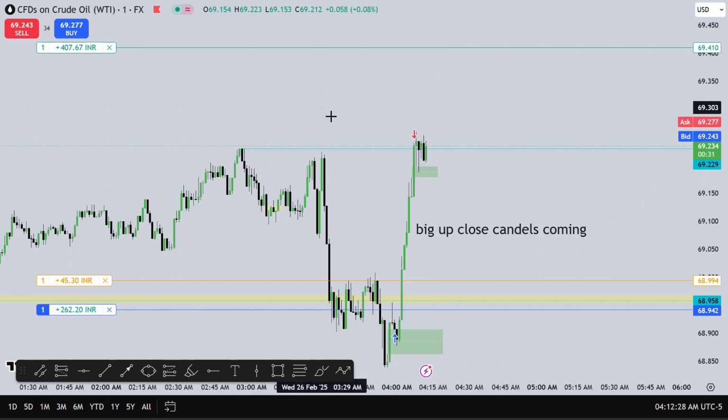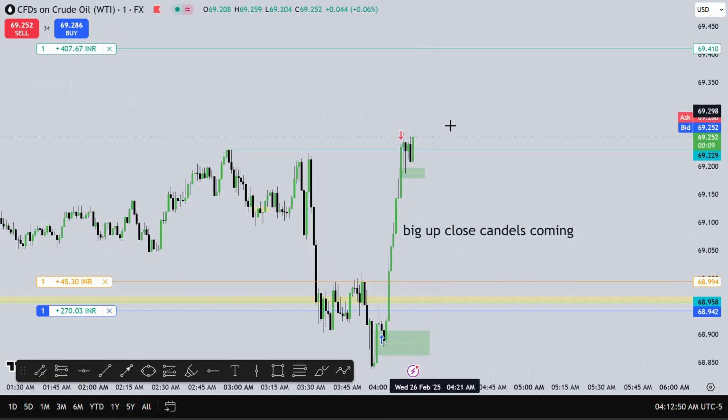It can go, but the bias, the narrative, is actually not bullish. It has a good amount of weakness on the daily time frame.